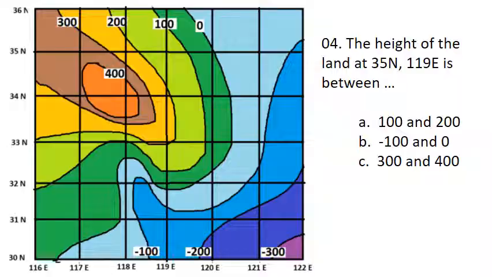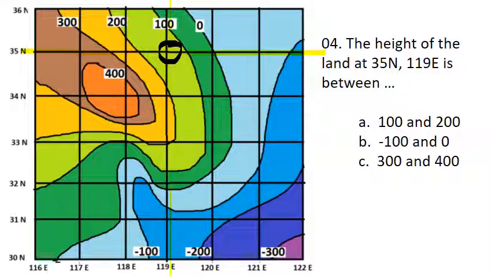So question number 1, the height of the land at 35 north and 119 east must be between what numbers? So we're going to go to 35 north, which is this line right here, and 119 east, which is this line right here, and we're going to look at that point.